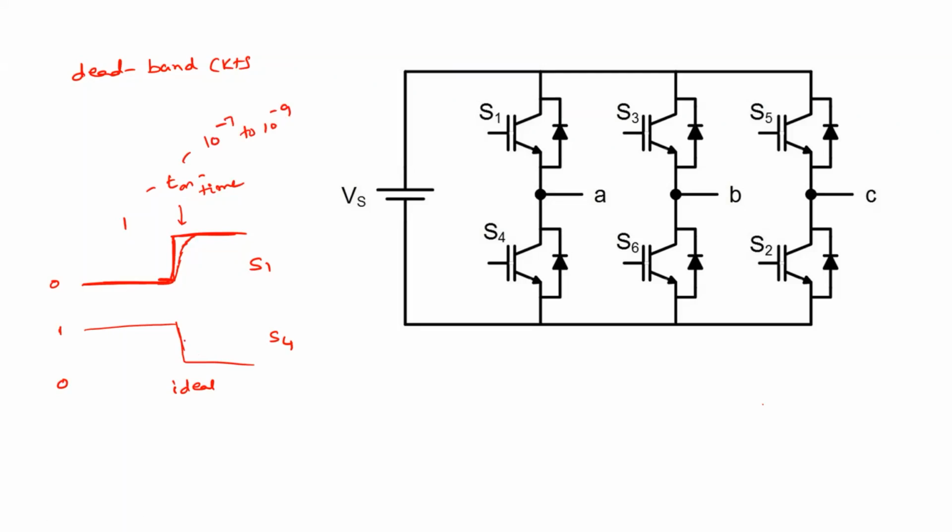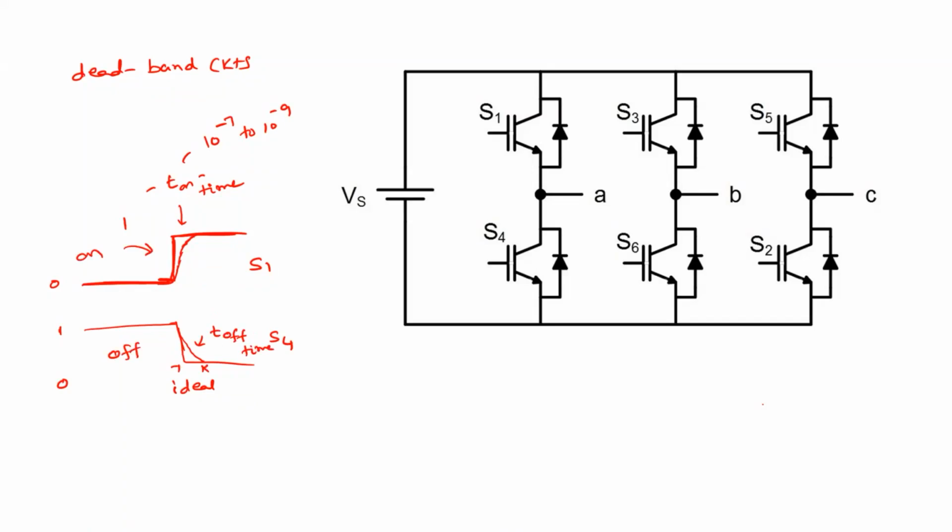Similarly, this is the turn off time. When this device is turned off, it has some time delay. This is known as T off, or the turn off time.